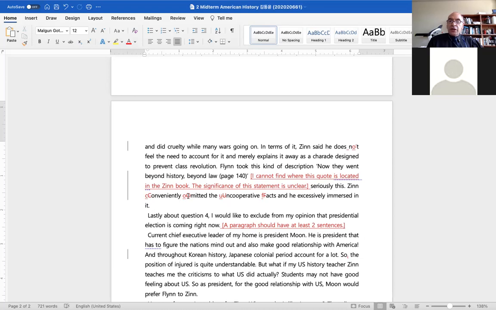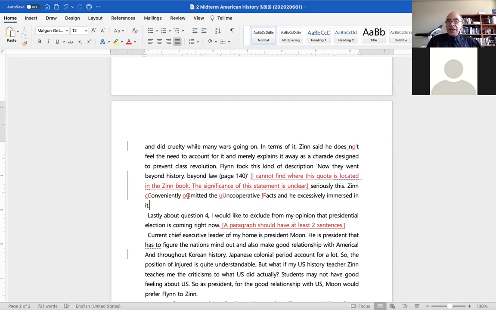I mean, it goes to the whole argument as to why Zinn produced this book. Why did he produce his textbook? Because, if you read his textbook, it doesn't present America as a very hopeful, glorious, wonderful, amazing, positive project, right? Zinn emphasizes the exploitation, the oppression of people, and this is what Flynn criticizes Zinn for, right?